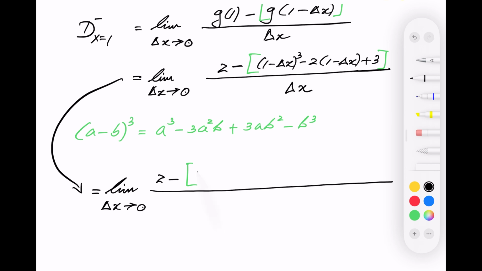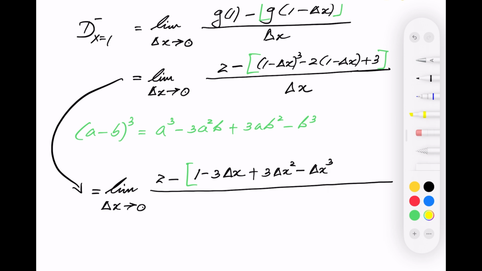That will be 1 raised to the third power minus 3 times 1 raised to the second power times delta x, which is just 3 delta x, plus 3 times 1 times delta x raised to the second power, which is 3 delta x squared, minus delta x raised to the third power, minus delta x cubed.